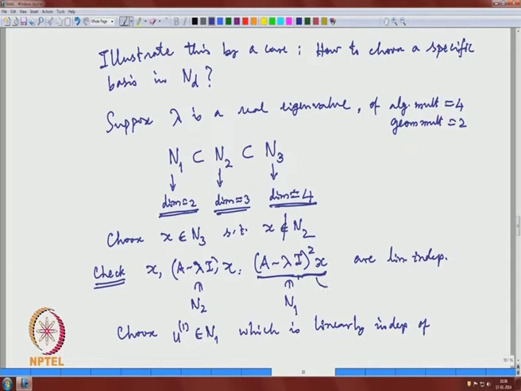Let me call this u2 and this one u3 and this one u4. Okay. If you change the order, the matrix will change. Okay. So, that is what we will see now.